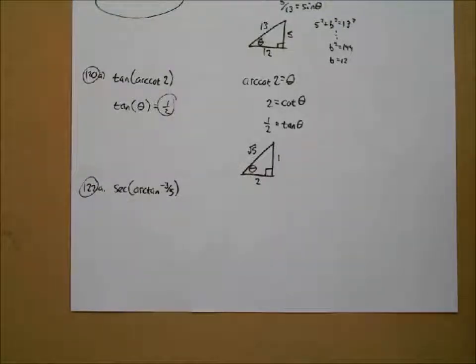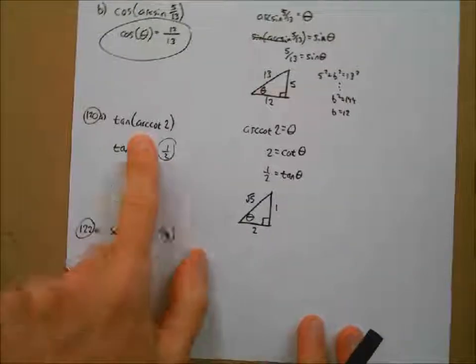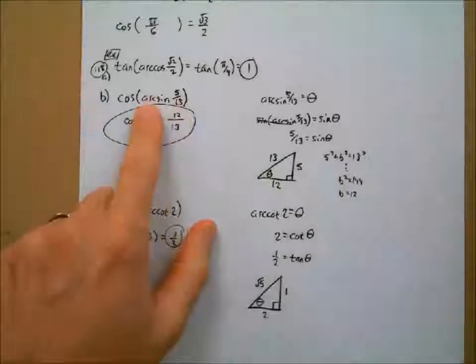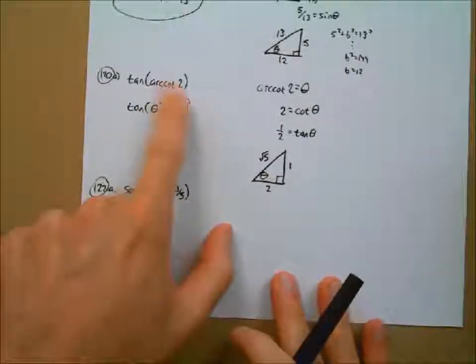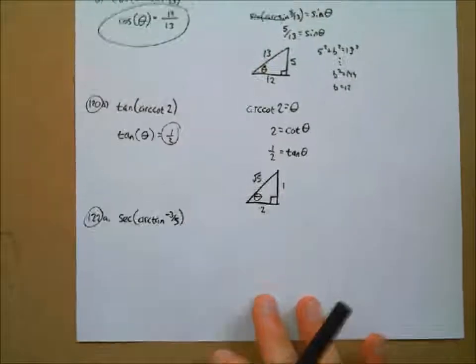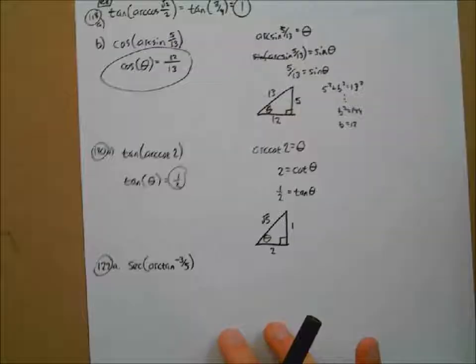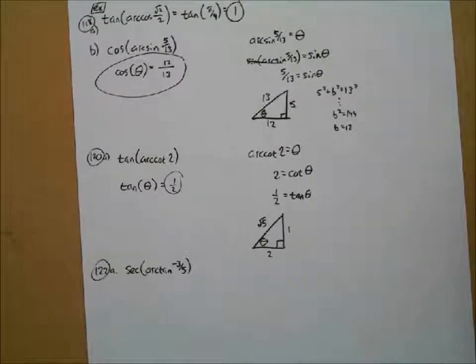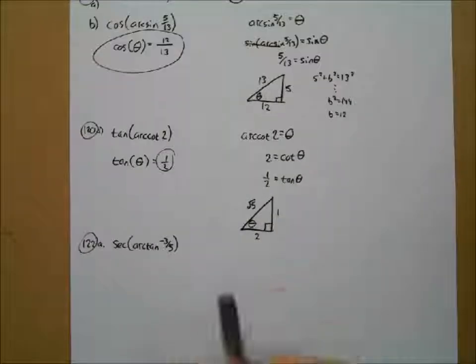In the previous problems, when I drew those triangles, we had the positive values. We were taking arcsine of a positive 5/13, arc cotangent of +2, which made it nice and easy. All those triangles, for what values of theta will arc cotangent be positive and arcsine be positive, those are going to be in quadrant 1. So we're drawing these triangles essentially in quadrant 1.